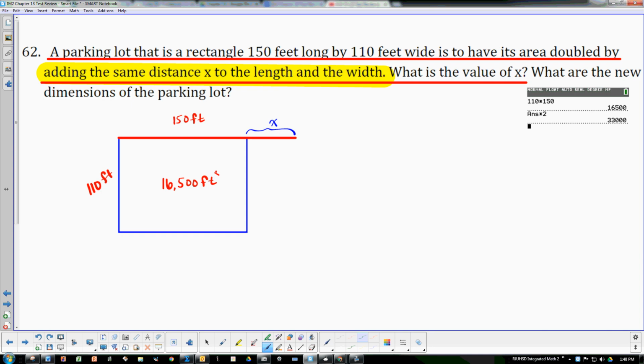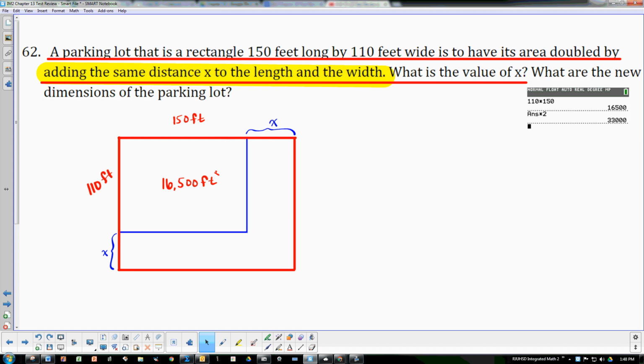Well, that would mean that I need to add x to this as well. And then we could complete this rectangle because we're making a larger parking lot. So that's essentially what it's going to look like. And the new area of the entire thing is going to be 33,000.